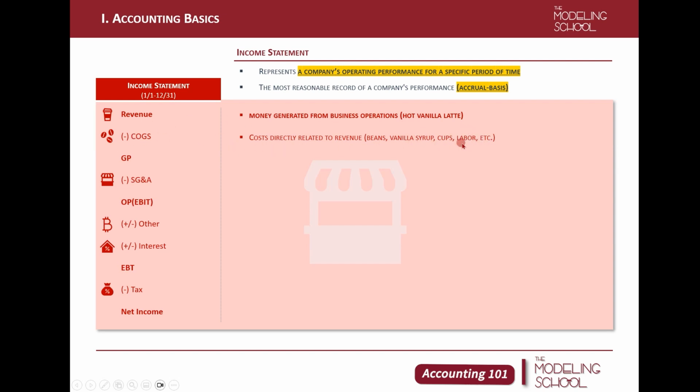For example, a barista's, the person who's making the coffees, labor costs can be included in cost of goods sold because they're directly related to revenue. We have gross profit. We wrote GP, but it stands for gross profit. Gross profit is simply revenue minus cost of goods sold.